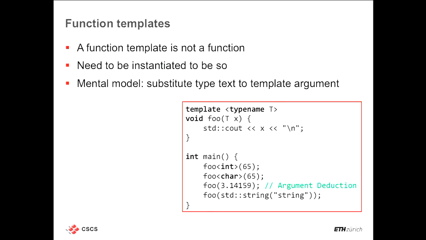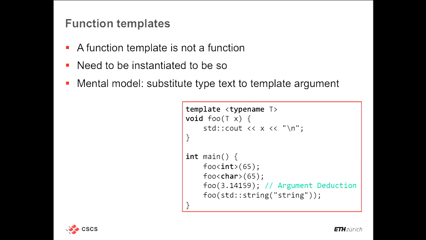The mental model here is substitute the text. If I'm saying I want to call foo with an integer template argument and pass 65, at that moment the compiler generates a function which is foo with an integer argument, and then it will write the code that calls that function. Only when you instantiate it, right?